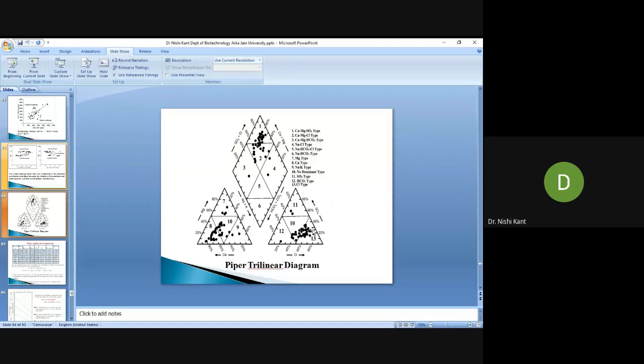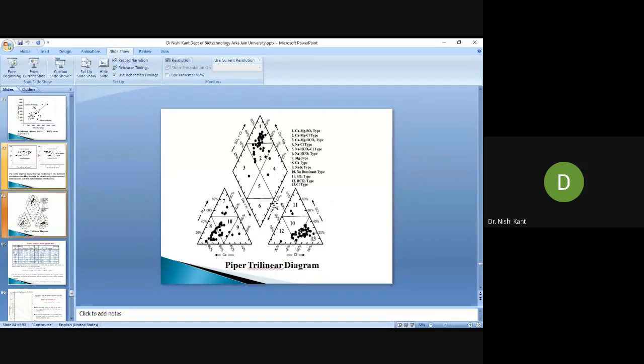The plot of the chemical data on the diamond-shaped central field, which relates the cation and anion triangles, reveals that the plotted points fall in fields 1, 2, 3, and 4 in all groundwater samples.